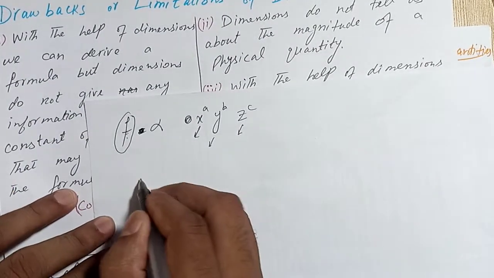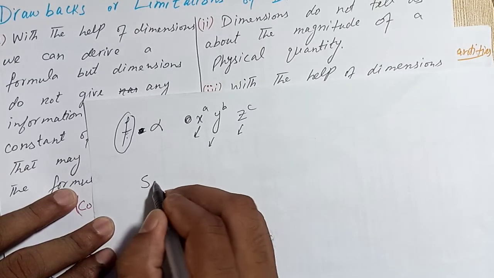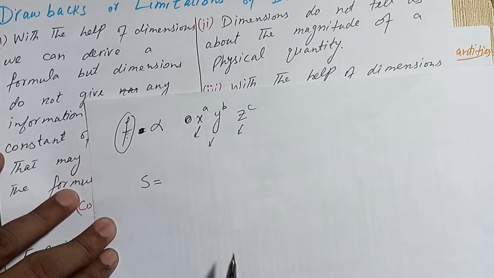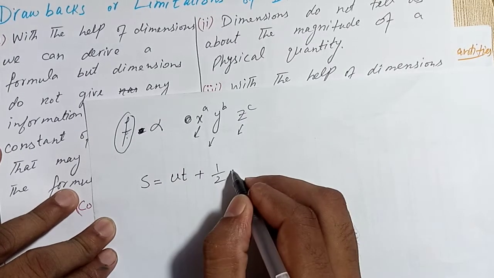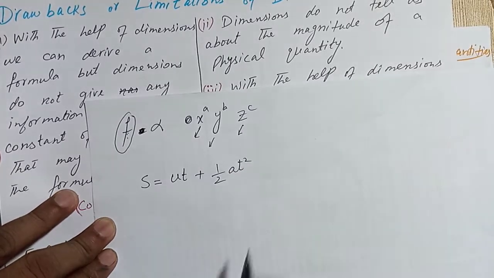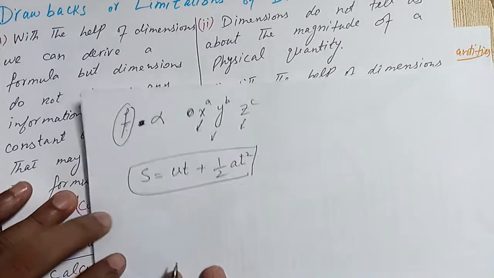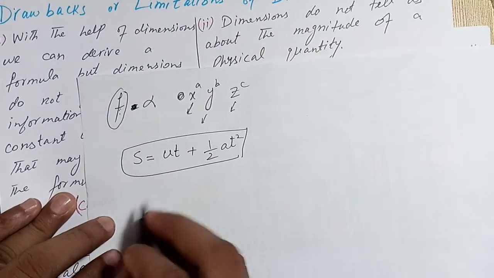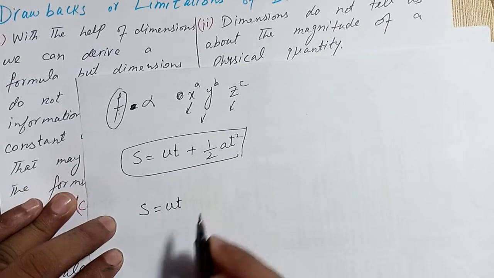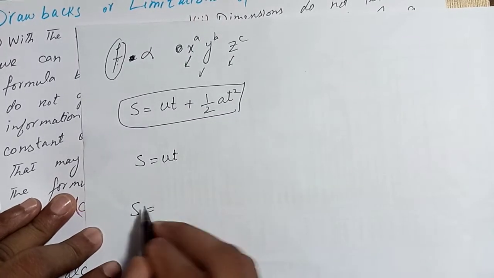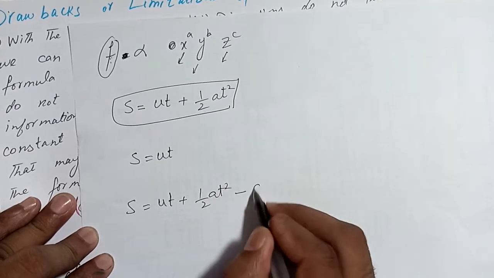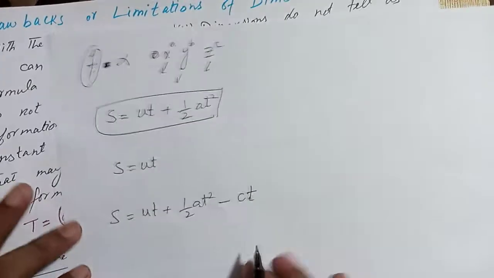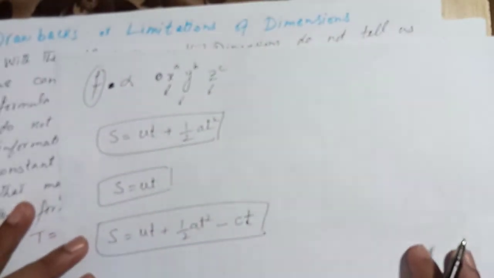For example, by the second equation of motion, the formula for distance is s is equal to ut plus half at square. If I write the formula for distance as s is equal to ut, or as s is equal to ut plus half at square minus ct, all these forms have the same dimension.